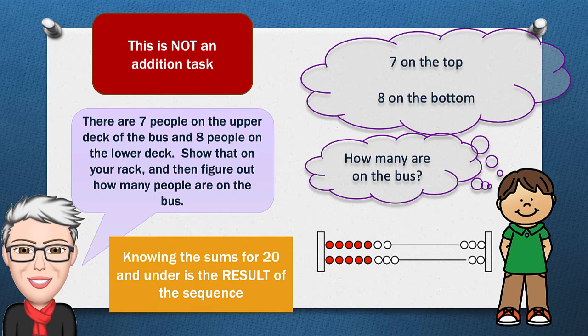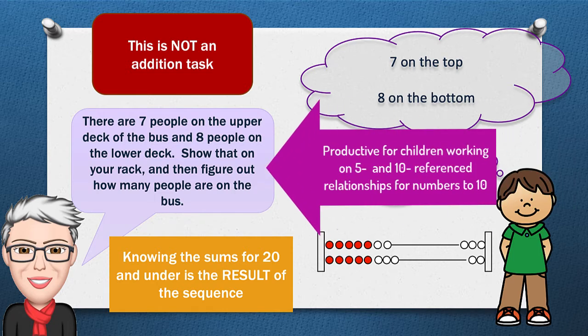You can see that one feature of posing the task in this way is that children have to figure out how to show numbers up to 10 because the number on each deck is necessarily 10 or less. So posing the task in this way has the potential to be particularly productive for those children that are still working on developing 5 and 10 reference relationships for numbers to 10.